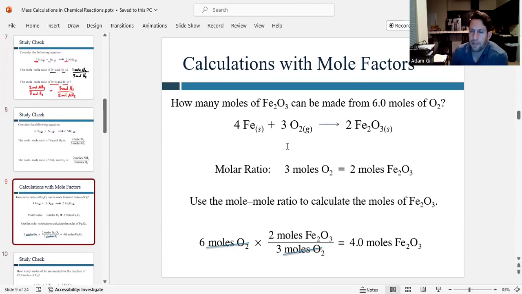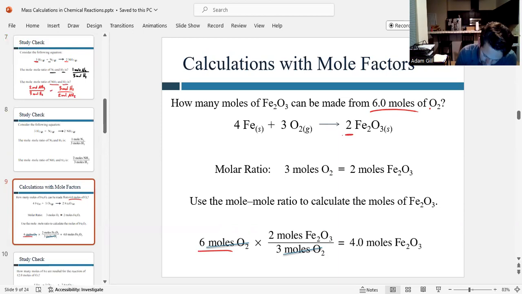Now, here's a practice problem about moles. How many moles of Fe2O3 can be made from 6 moles of oxygen? Well, we are going to start with the given value, 6 moles of oxygen. And then we're going to use our ratio because they're asking us about Fe2O3.